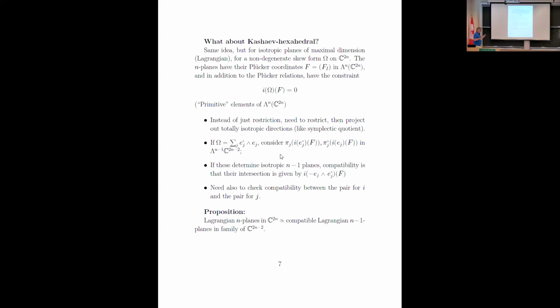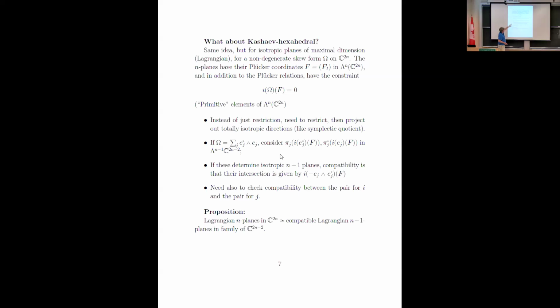And so now you can play the same game if you want to see the relations that generate everything. You restrict, but then you bear in mind, think of symplectic reduction. You restrict, then you quotient out. So you do the same thing here, choosing pairs of coordinates, sort of dual coordinates, and then play this restriction game.